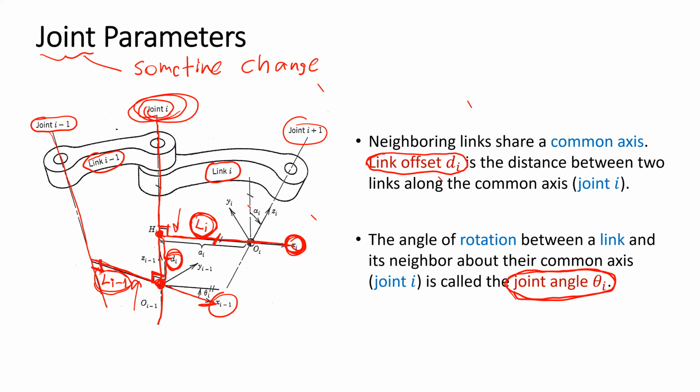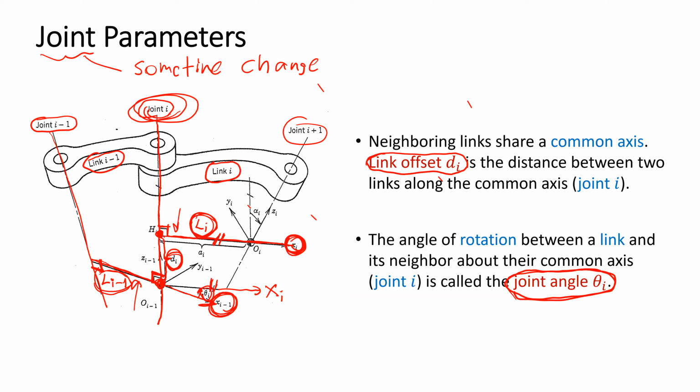If we draw the parallel line here, the angle measured from the direction of link I minus 1 to the direction of x_i, the mutual perpendicular of link I, is the joint angle.